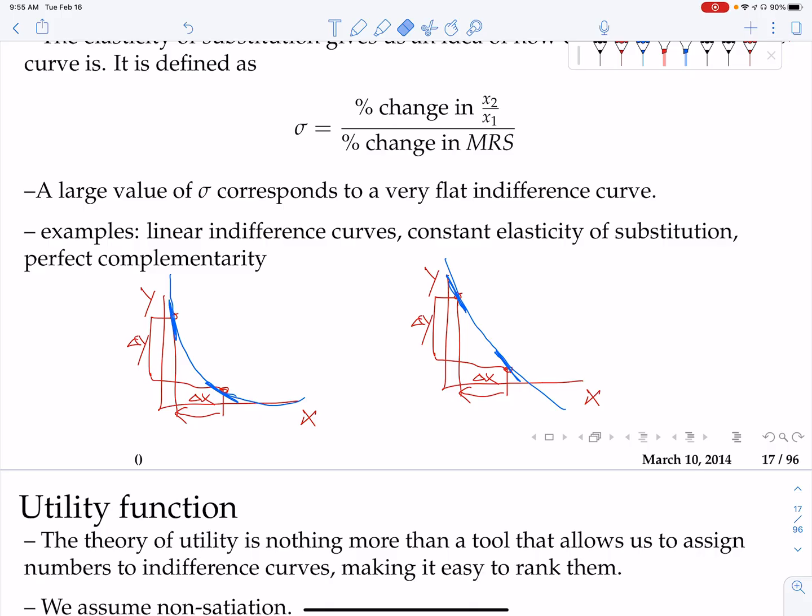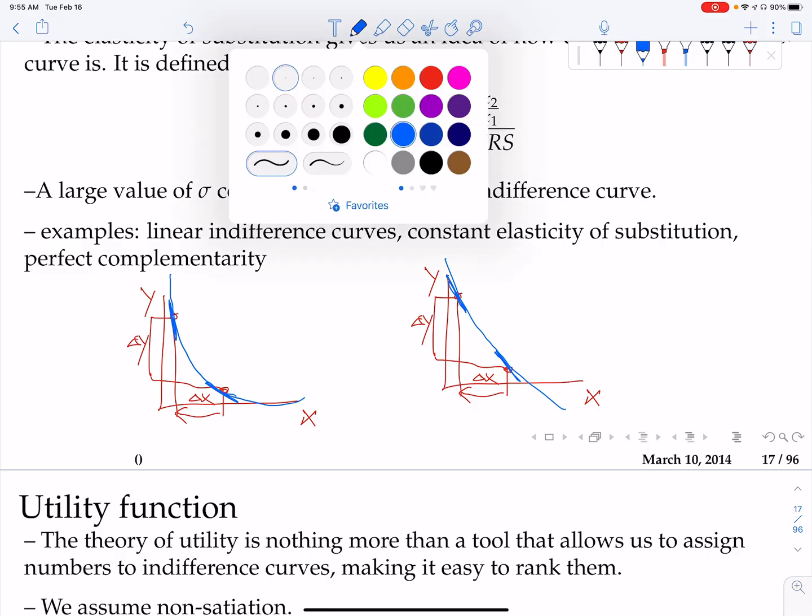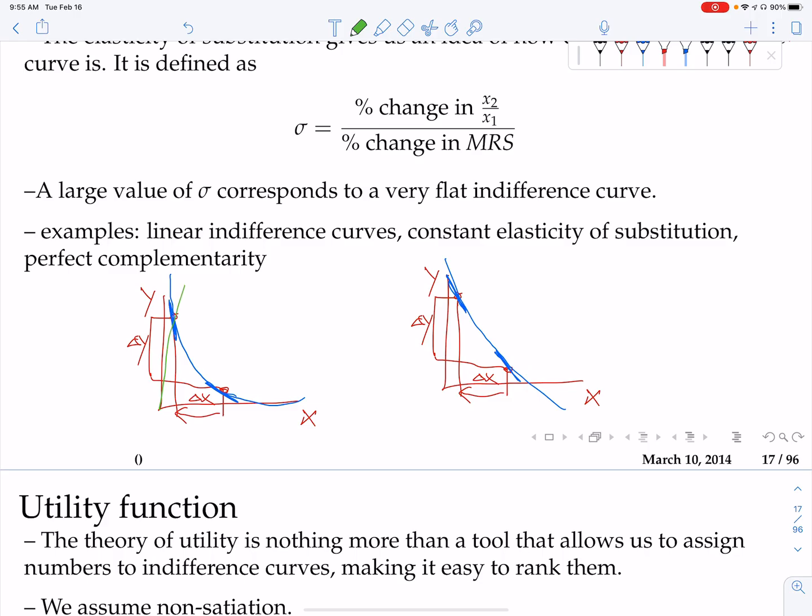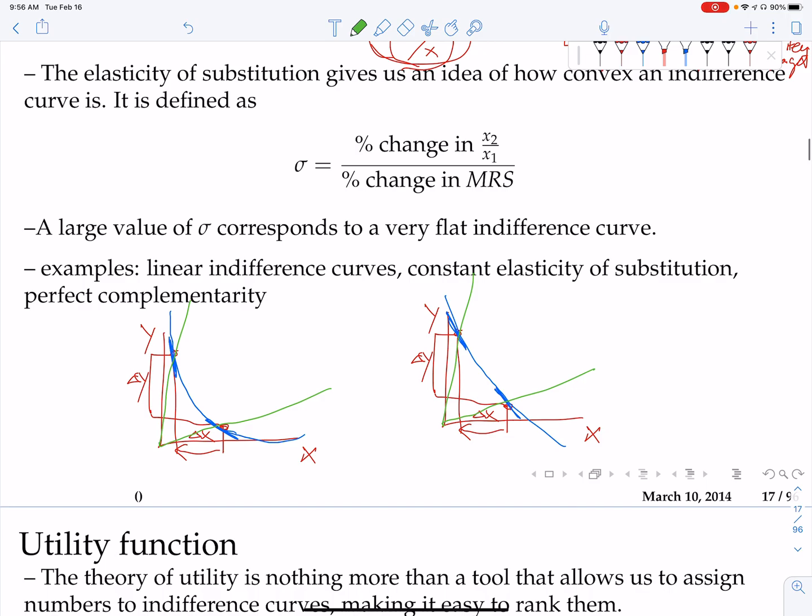So by looking at how much x1 and x2 change versus the change of the MRS, we can have a coefficient describing the shape of an indifference curve. So what you do here is you draw a straight line like that. These two straight lines have the same slope.